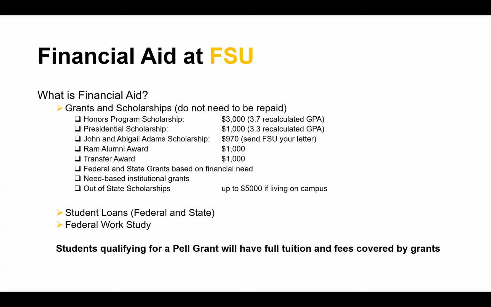Next is student loans. So we award all students their full federal direct loan eligibility. So if you go through the process of applying for financial aid, all students are eligible for at least a $5,500 direct loan.